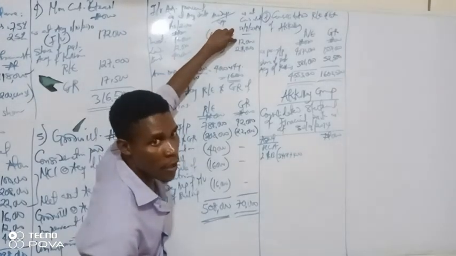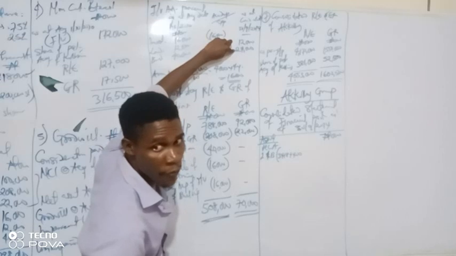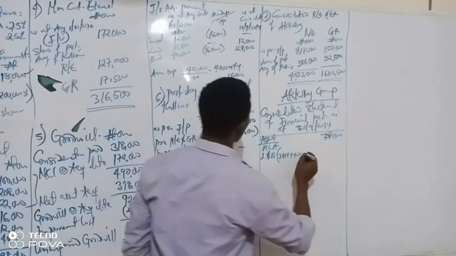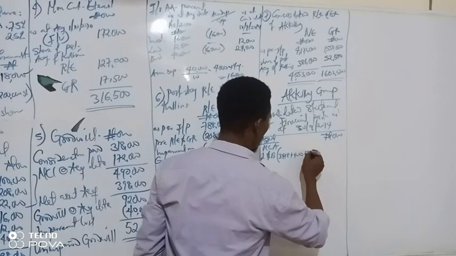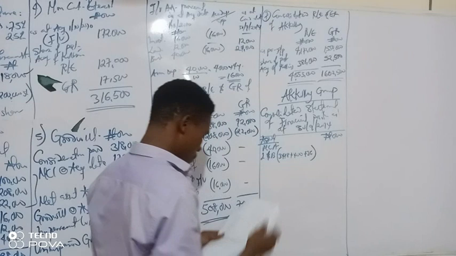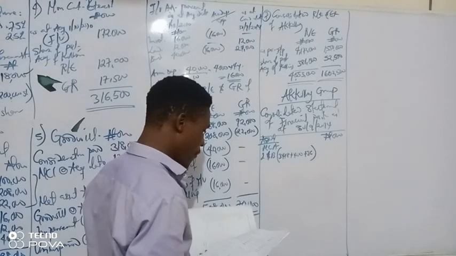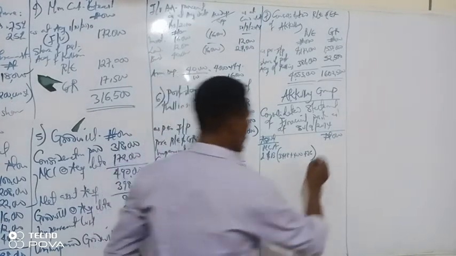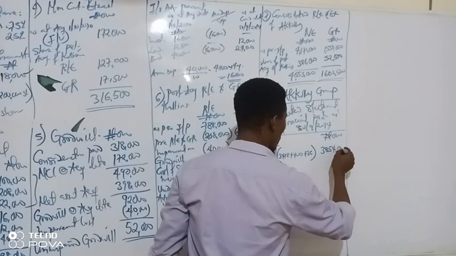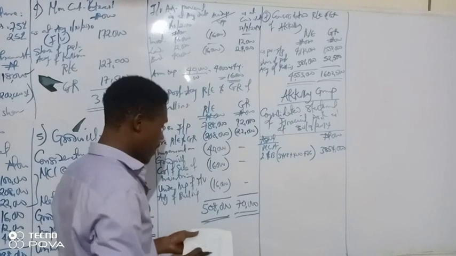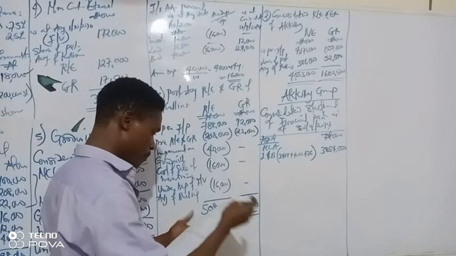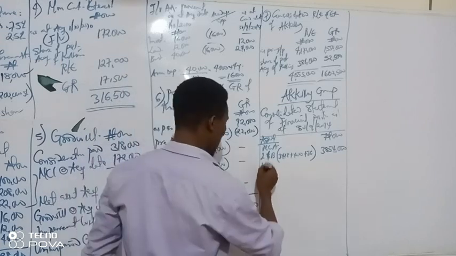Land and building now. Land is how much? 12. Building is how much? 24. 36 plus 36. So in total, 3,854,000. What else again? Plant and machinery. That one does not have any adjustment, right?